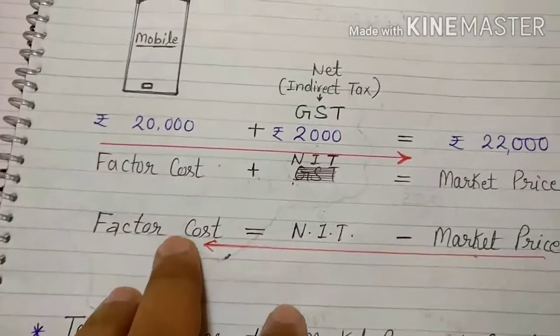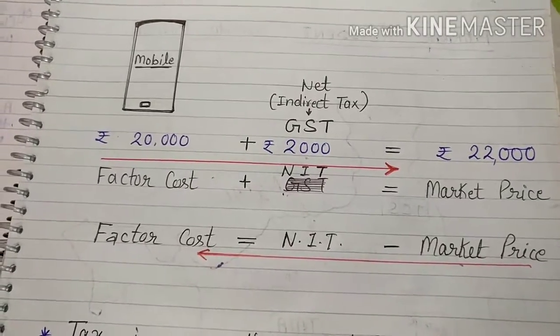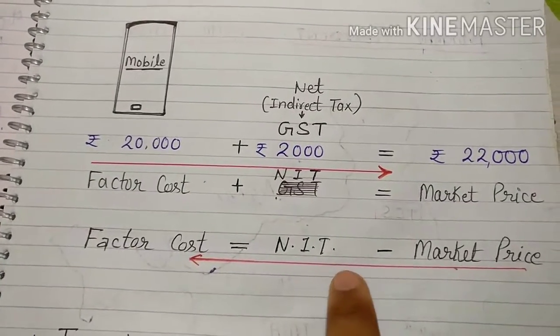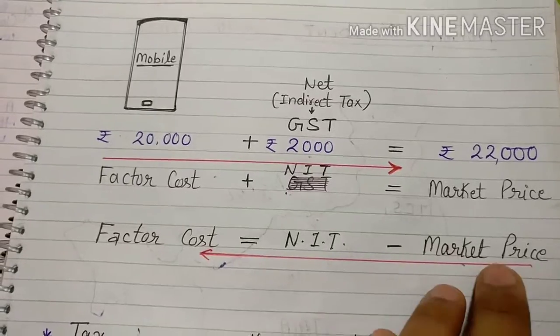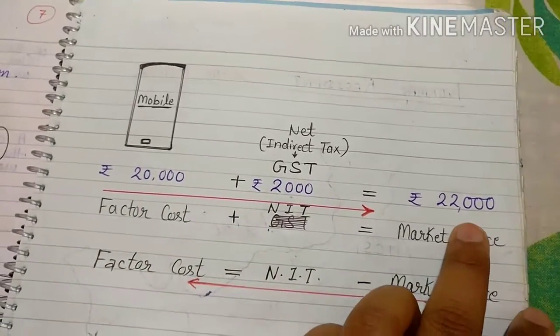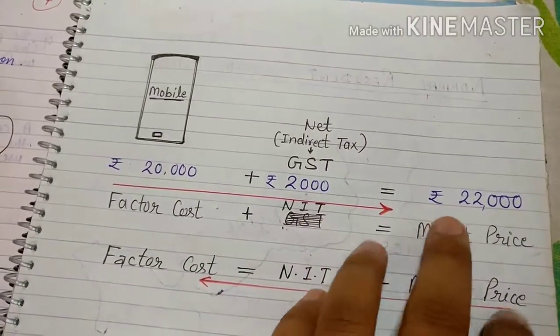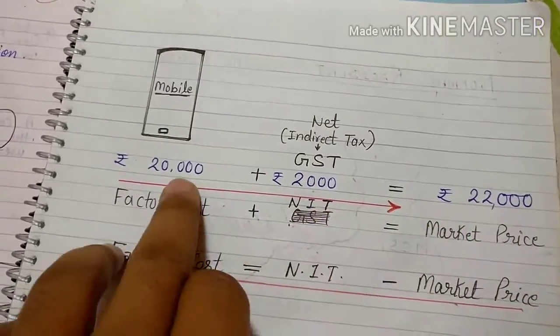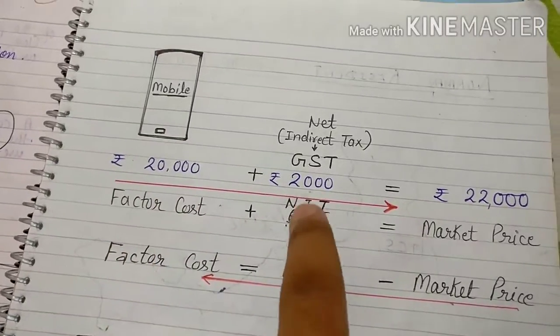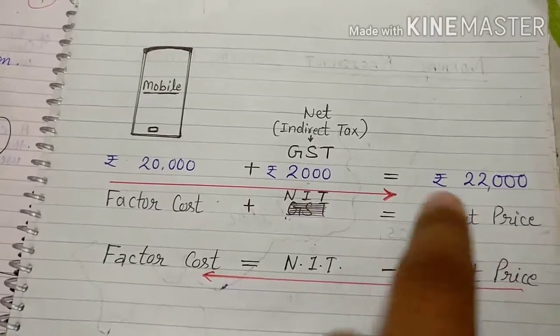Similarly, if we have to find factor cost and we are given market price and NIT, we subtract NIT from market price. We have market price 22,000, we subtract 2,000, that is NIT, so 22,000 minus 2,000 gives 20,000, that is factor cost. So we have formed these two formulas here. I hope it is clear to you.